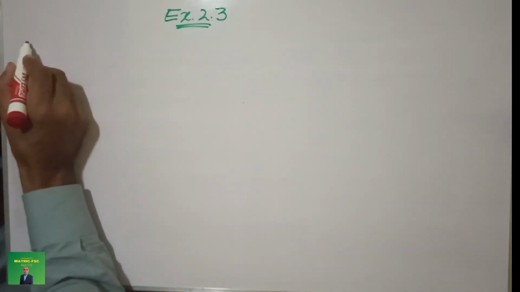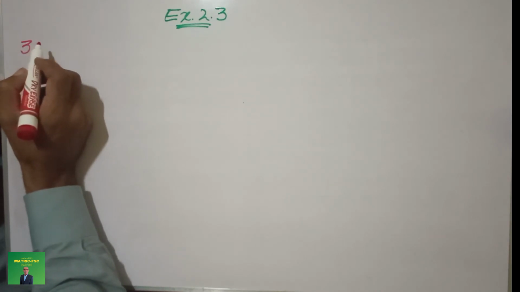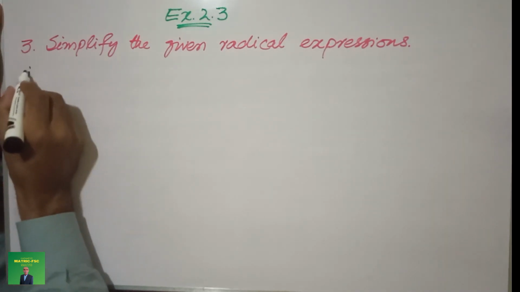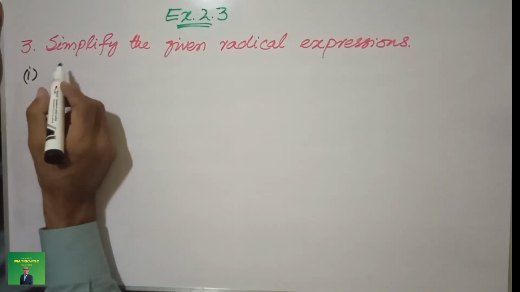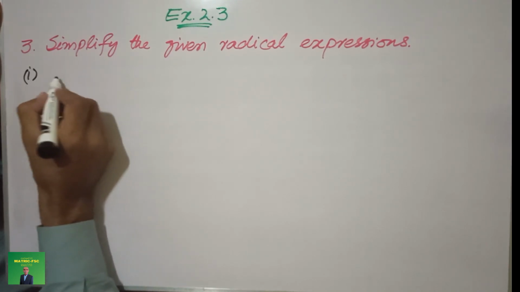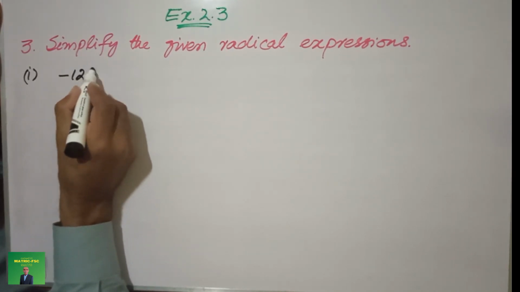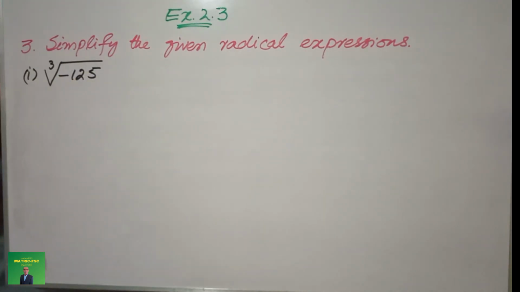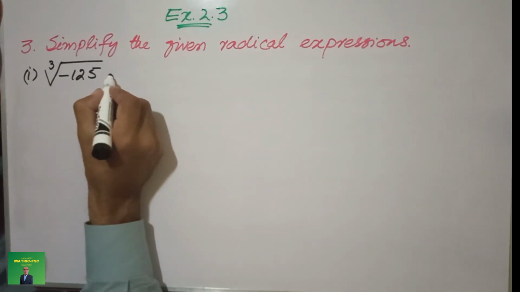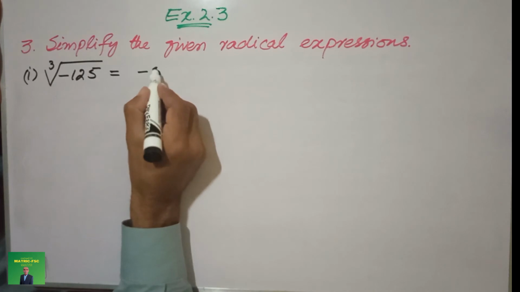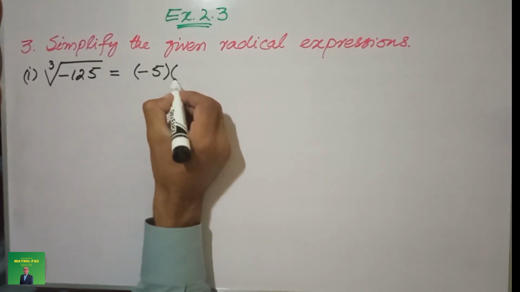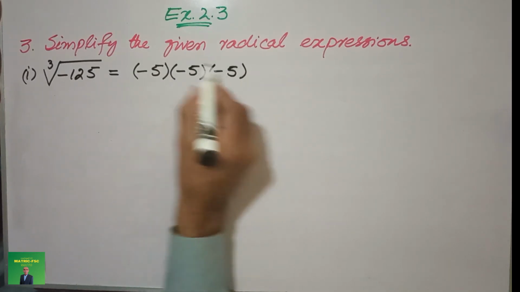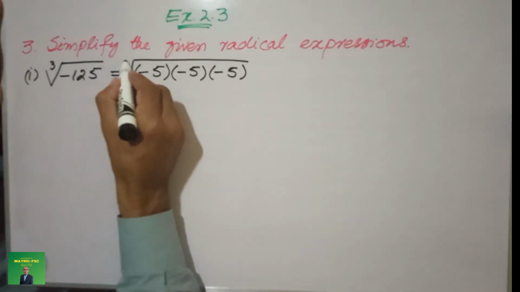Now question 3, in which we have to simplify the given radical expressions. The first one is the cube root of minus 125. Now we know that minus 125 can be written as negative 5 into negative 5 into negative 5 under the cube root.